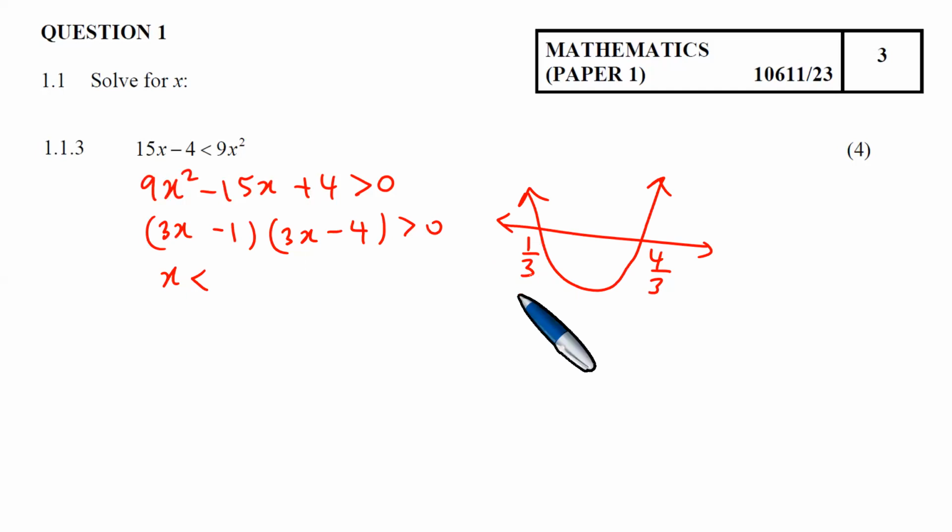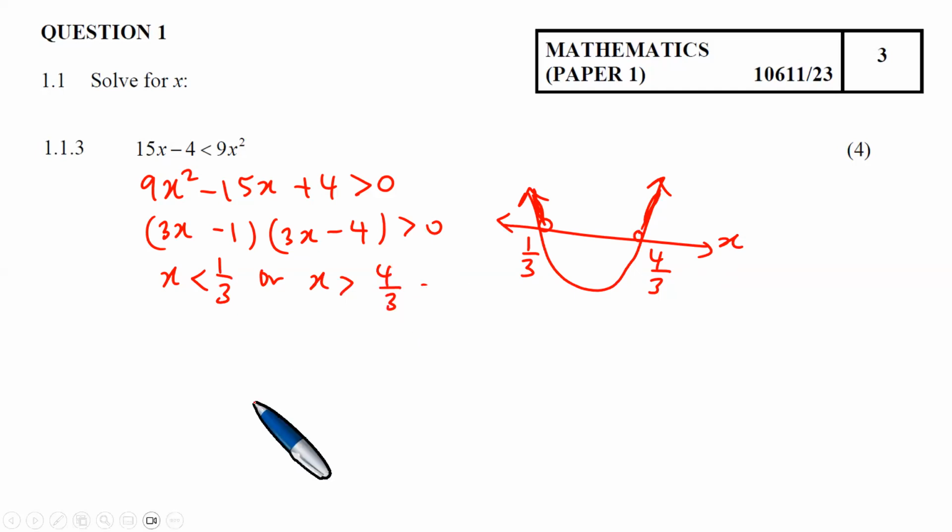All right, at this point you exclude the intercepts with the axis, and this is our x-axis. Now we are looking at where this is greater than zero. Greater than zero is when we are above the x-axis, and therefore x is going to be clearly less than 1/3, or x is going to be clearly bigger than 4/3, and that is the answer. Now we look at the next question.